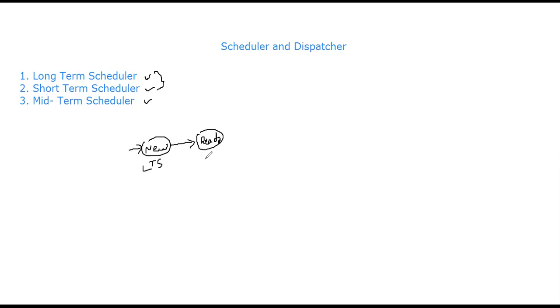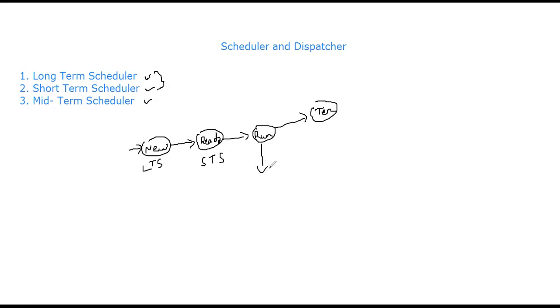Now in the ready state, the short-term scheduler will work and it will select the process which you want to send to the running state. Now, from running, if the process gets completed, then it will get terminated. So there is no scheduling required.